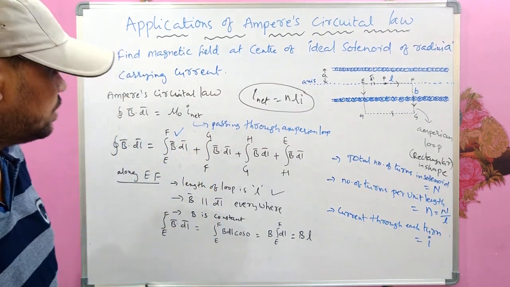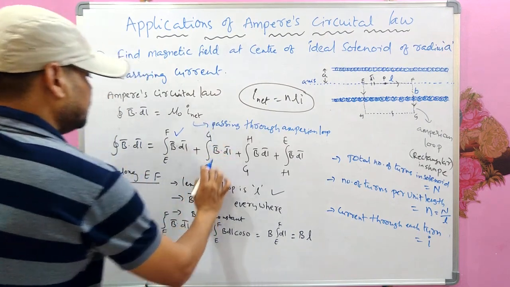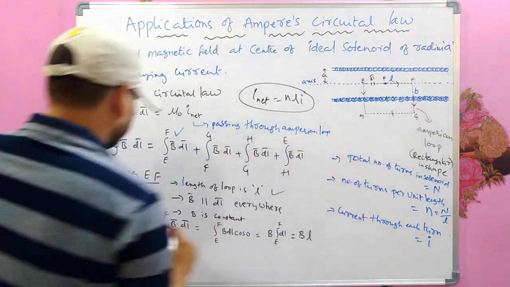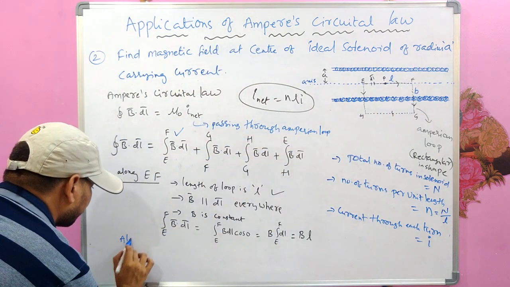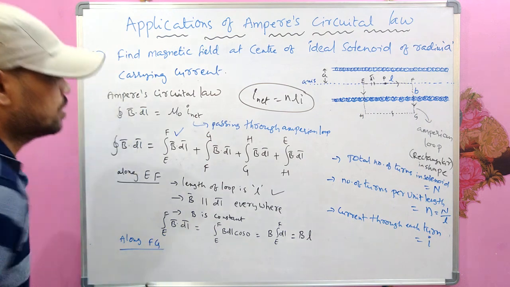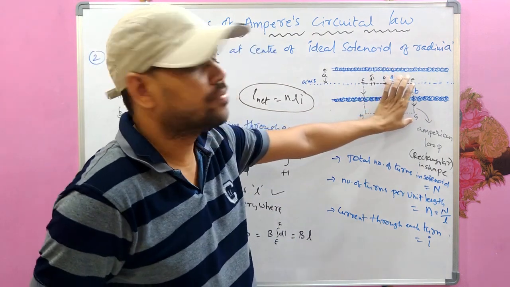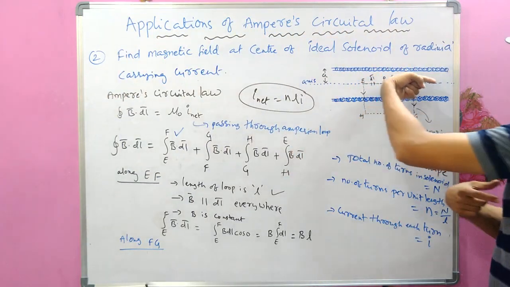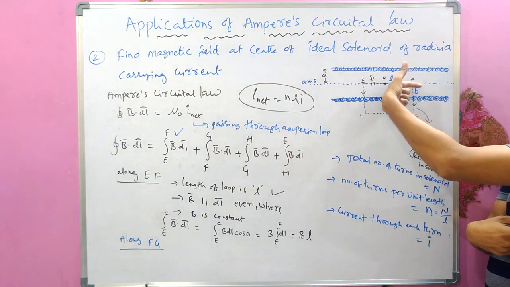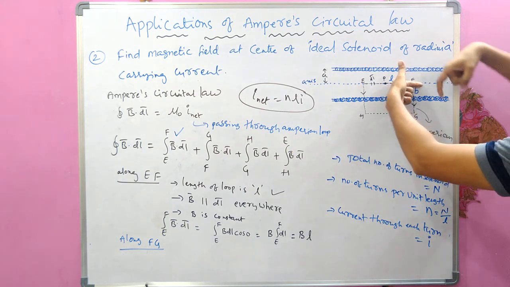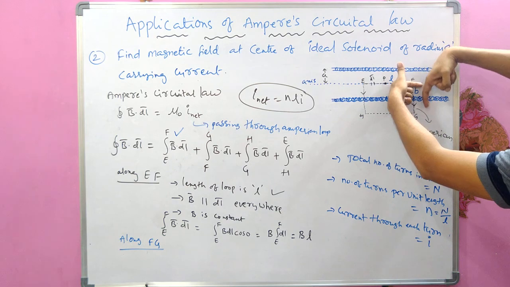Right? Now we will see along FG. If you see along FG, the magnetic field direction is along the axis in the interior, for example, here, and dl is perpendicular to it.